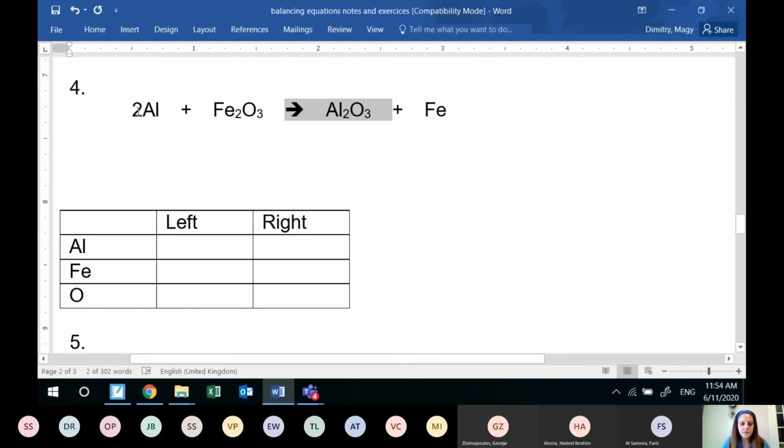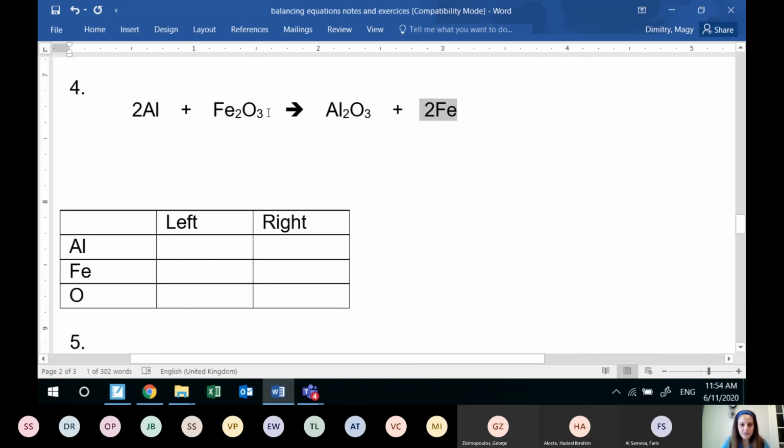You're trying to make both sides equal. Now, the other problem I have is iron. I have 2 irons here and only 1. So I'll times this one by 2. Now the irons are equal on both sides.